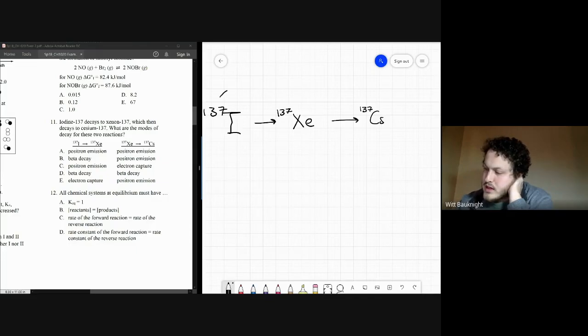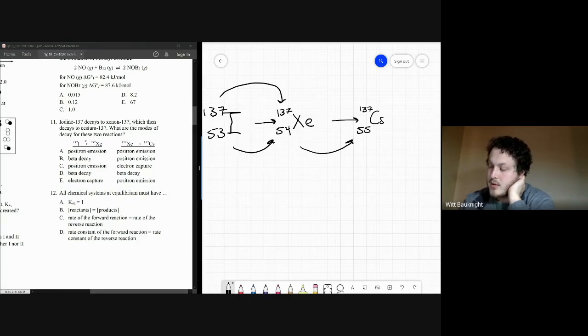Well, as we notice, the mass number stays the same. But what's happening to the proton number? The number of protons that iodine has is 53. The number of protons that xenon has is 54. And cesium, 55. So each time we are going up or gaining one proton.